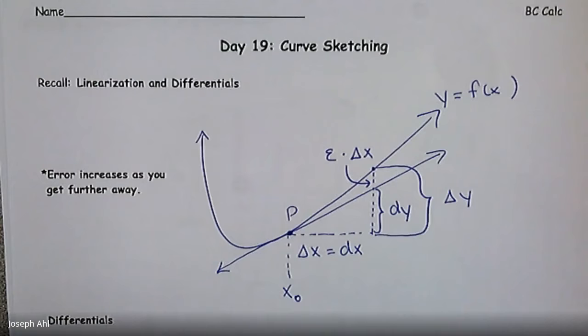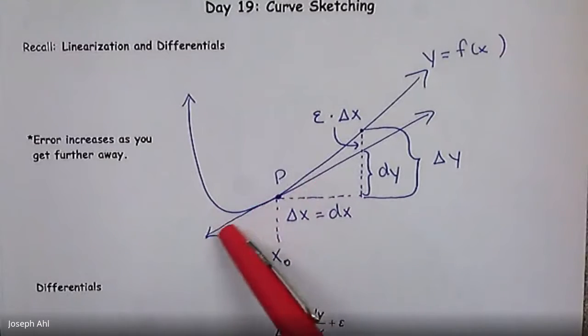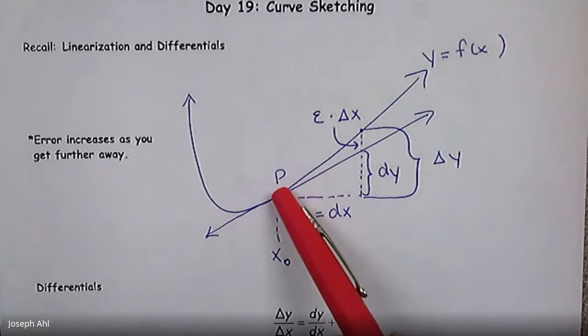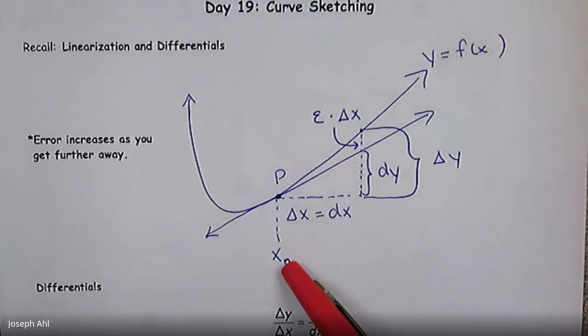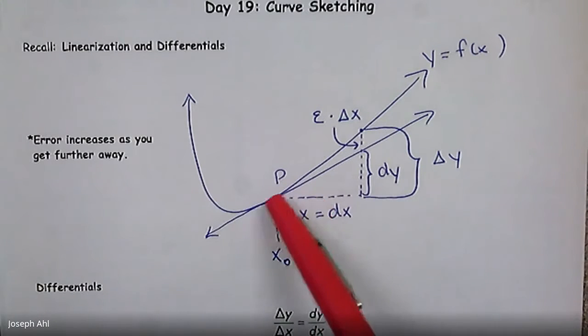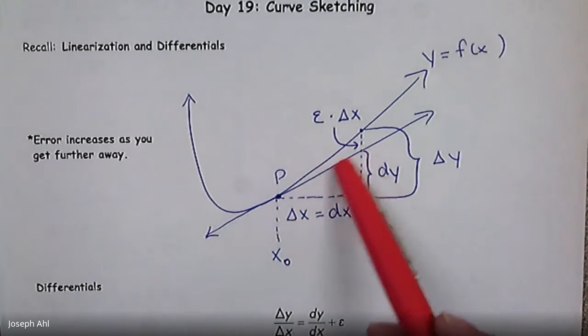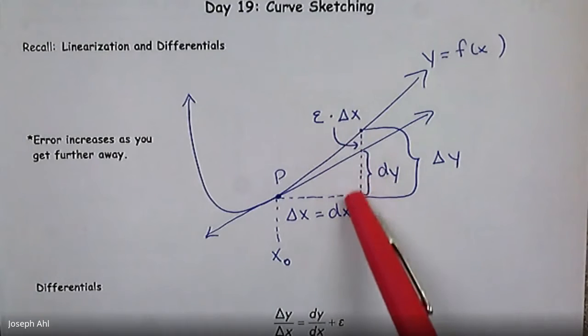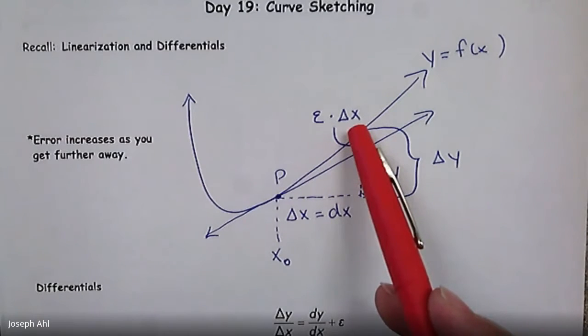It's pretty similar to the example that was in our day 18 notes with differentials, just illustrating that if you have the slope of the tangent line at this point P right here, that corresponds with x sub 0, we can use the slope of the tangent line, this dy right here, to estimate the actual change in y to the function.